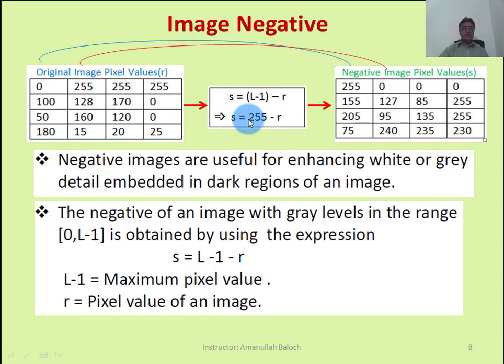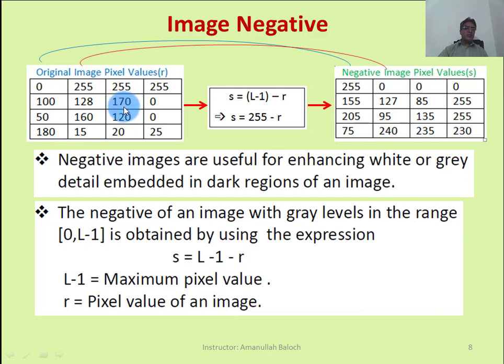So this transformation function transforms these values into these negative values, while the values which are not black and not white, like 100, are middle values. 128 is the middle one, 175 is a middle value from 0 to 255.